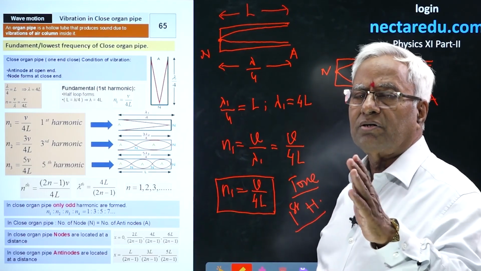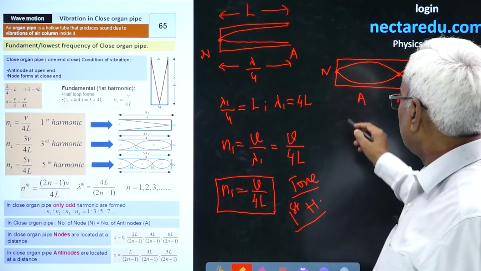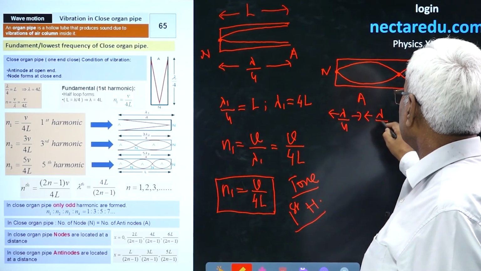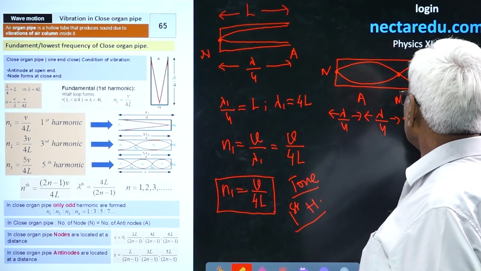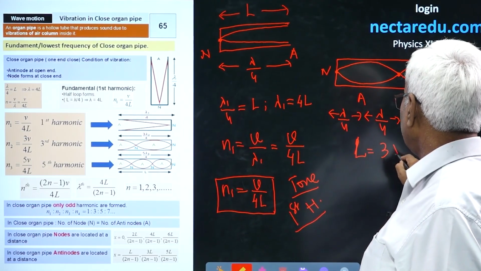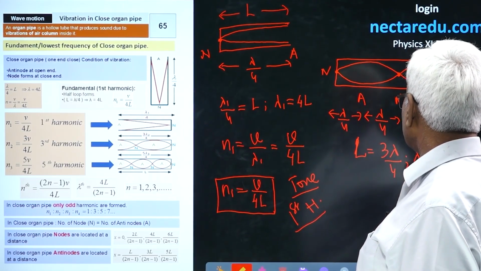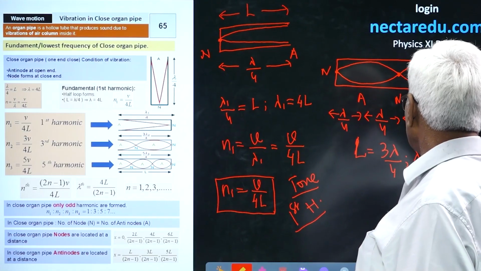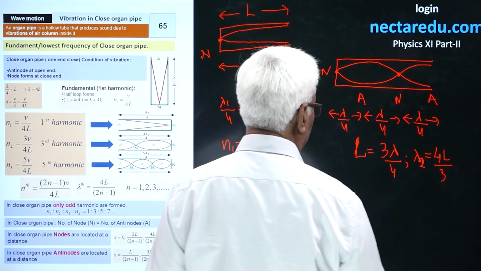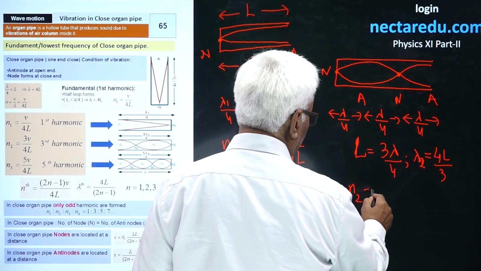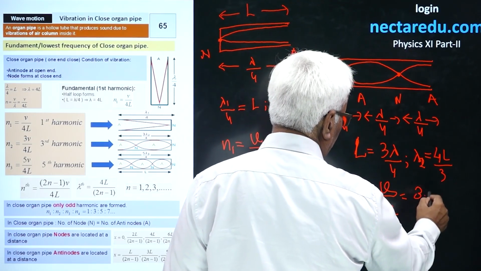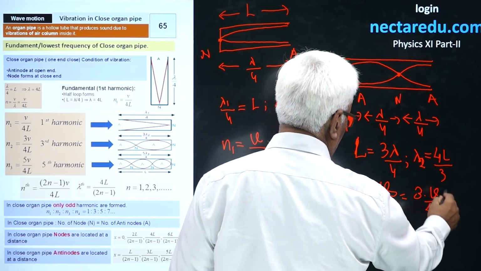So, 3/4, or 3 quadrant segments, you find over here, it is lambda by 4 three times, and overall if you sum up, you will find the entire length 3 lambda by 4, that means lambda becomes 4L by 3. This is lambda 2 because it is the second possibility, and again the frequency is going to be V upon lambda 2, that way it becomes 3V upon 4L.